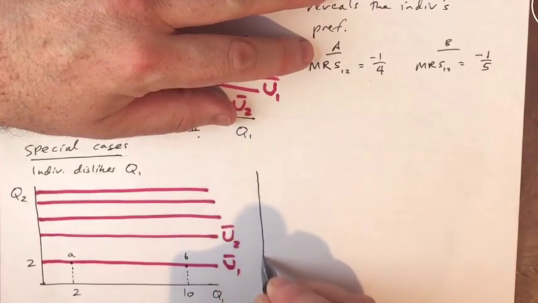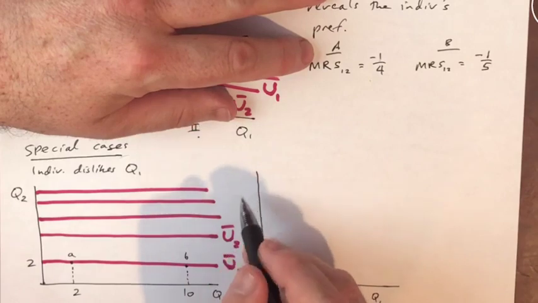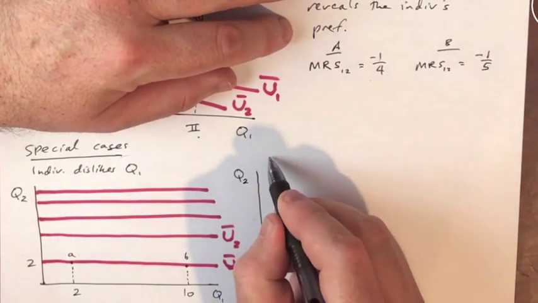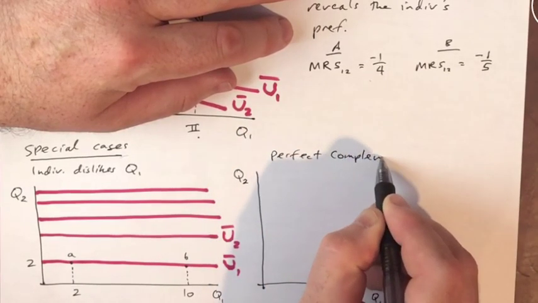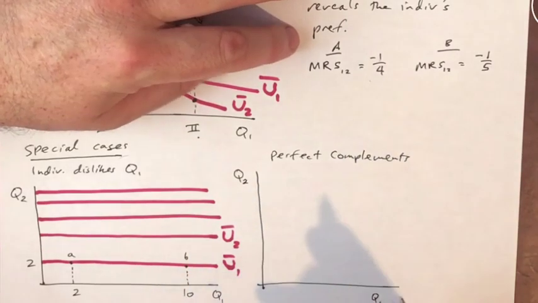Let's say that the goods, good 1 and good 2, were what's called perfect complements. Perfect complements. So what does that mean?